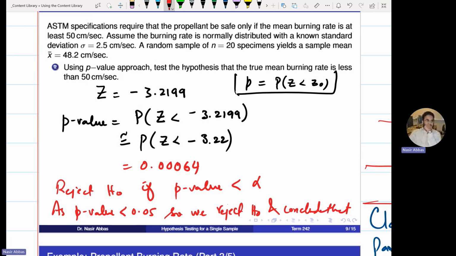Conclusion is different from decision. Decision is reject H naught or do not reject H naught. What is the conclusion? Answer the question in terms of the question statement. The question did not ask you whether you reject H naught or accept H naught. The question said to test whether the true mean burning rate is less than 50 or not. So what do you conclude? You reject H naught.